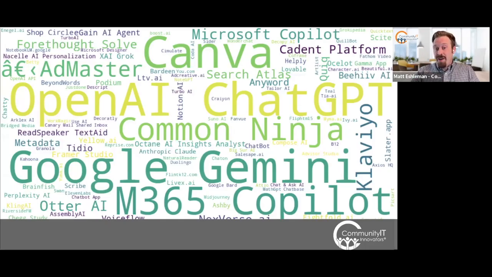So the word cloud that Carolyn just put up here is an example of the AI tools used at a 50-person nonprofit organization. There's 121 of them on here. So if you want to start counting, you'll get 121 AI tools. Some of these are tools that individuals at the organization are reaching out to and using, and others are maybe part of other services that the end users themselves are interacting with.